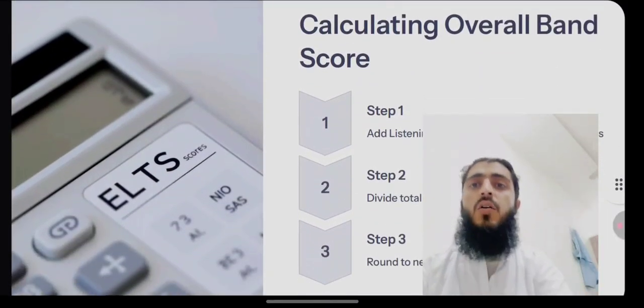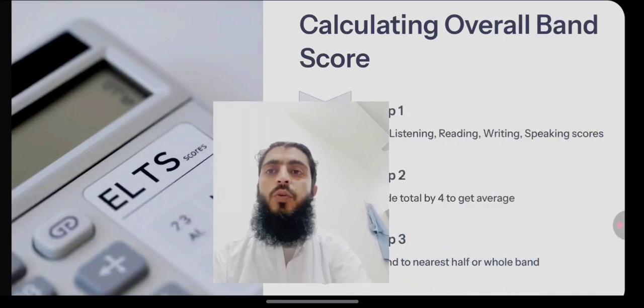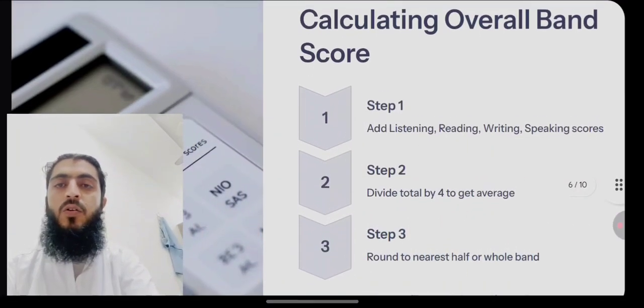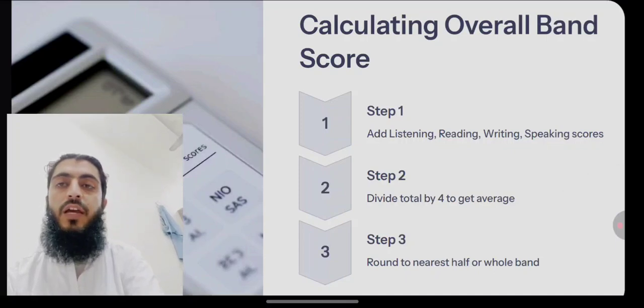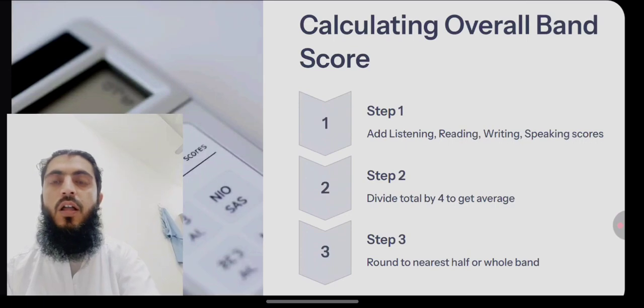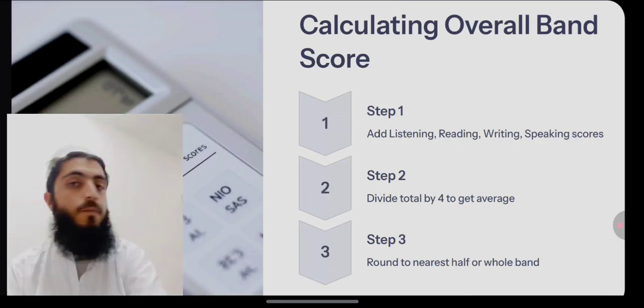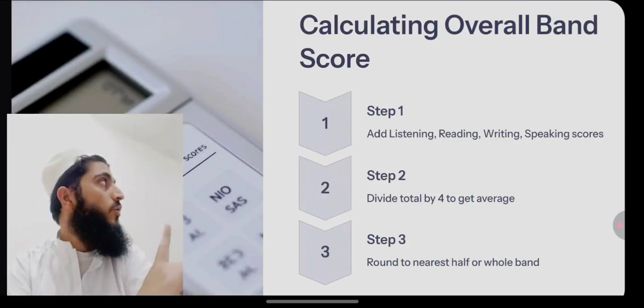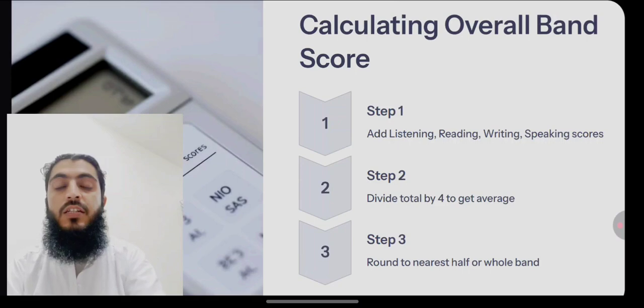Okay, how will the overall band score be calculated? This is important. You get different bands in different modules and sections, so your overall band will be calculated in a few steps. In step 1, they will add the listening, reading, writing and speaking scores. In step 2, it will be divided by 4 to get the average.